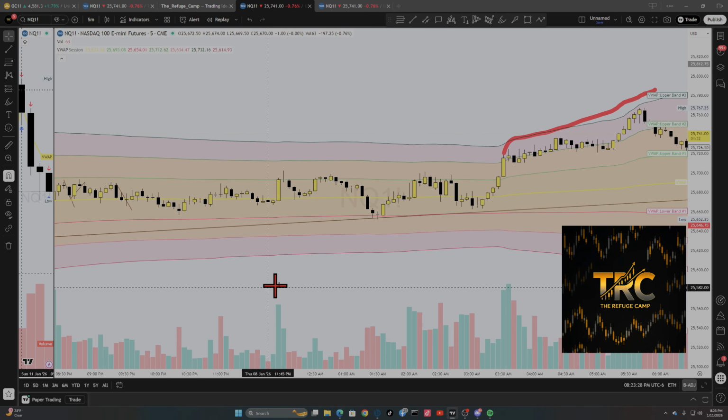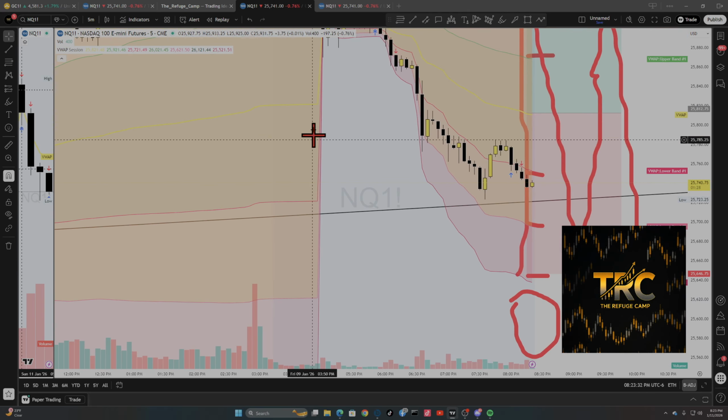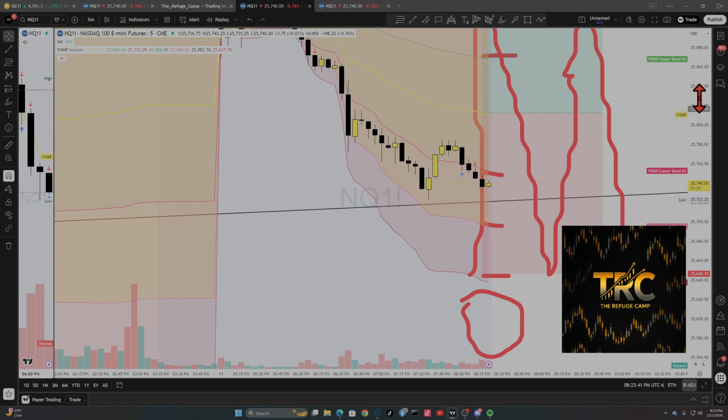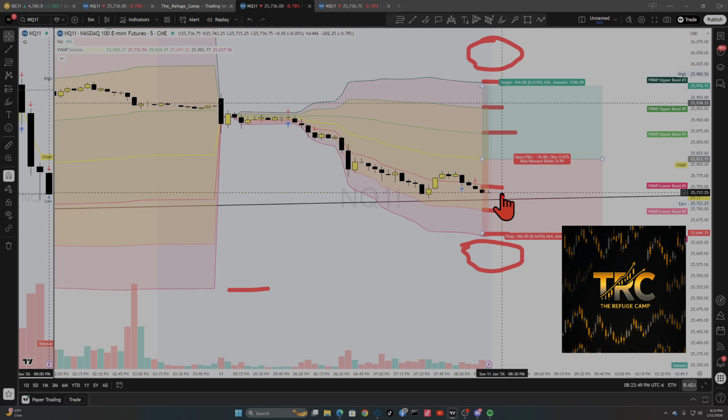But always, always, always know that that yellow line, the price in the middle, VWAP, this line right here is where price is at what? At its baseline? Fair value. You got it.